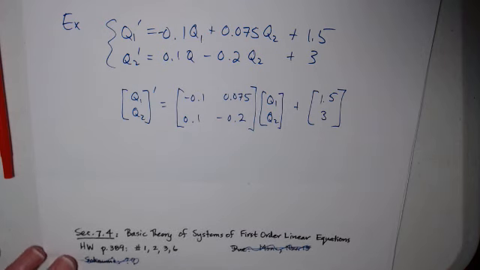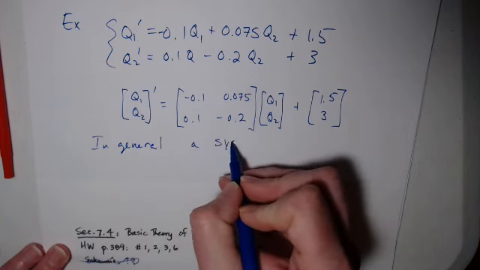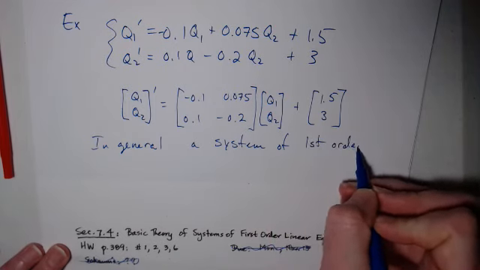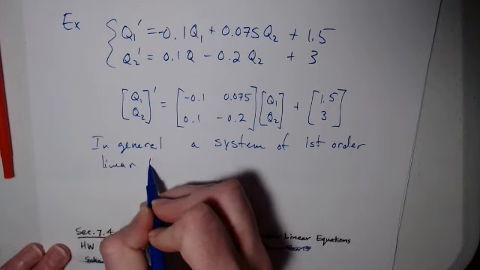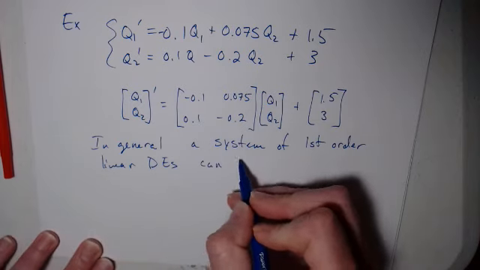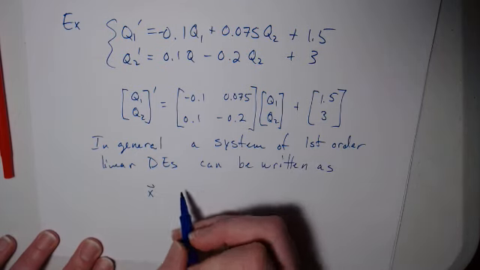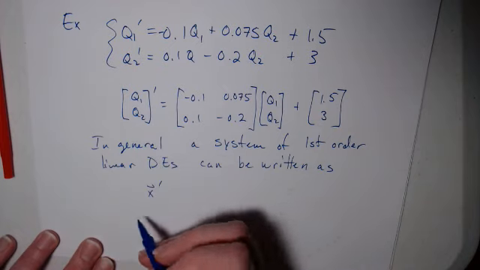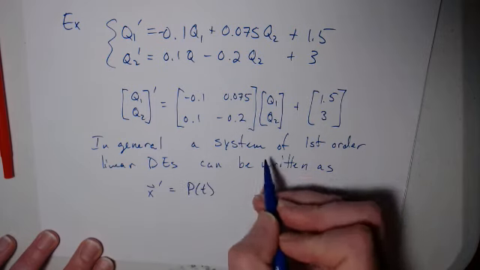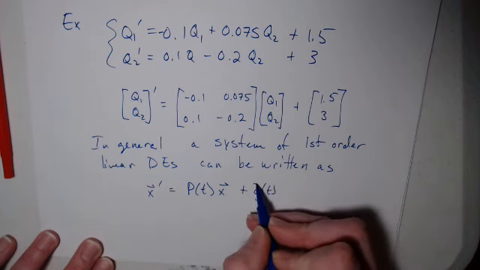So in general, a system of first order linear differential equations can be written as the vector x prime, that would be our q1, q2, or x1, x2, or whatever we choose to use, equals P of t, that's our coefficient matrix, times just the vector x, plus the non-homogeneous part, g of t.